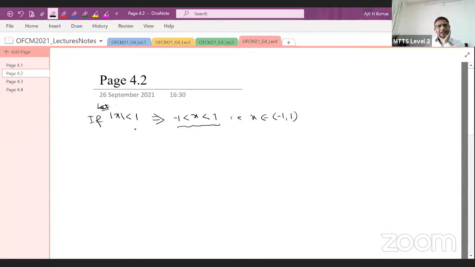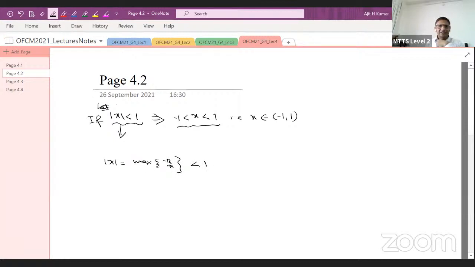Now if I need to prove this using the definition, what was my definition? Mod x is the maximum of minus x and x, and this is less than 1. What does it say?